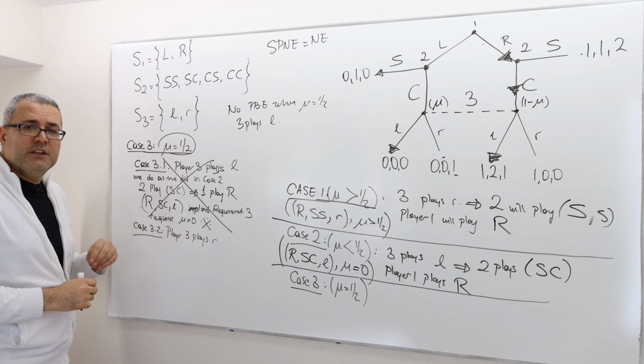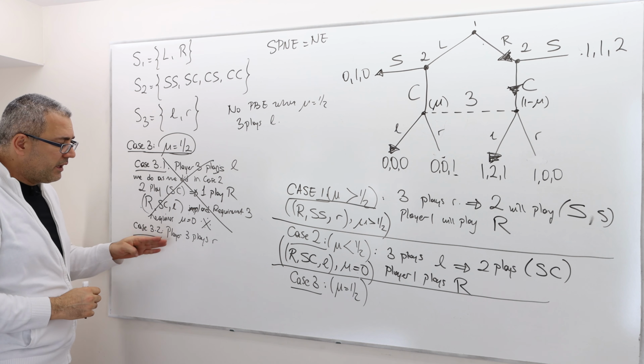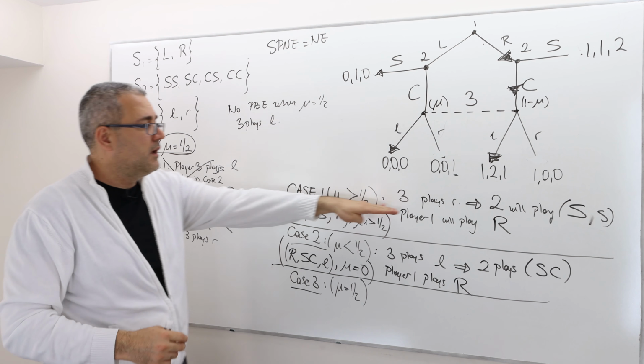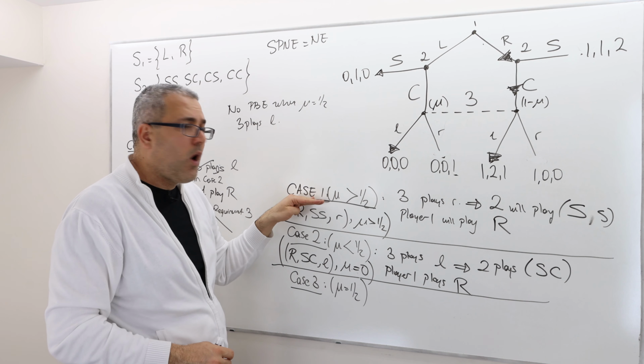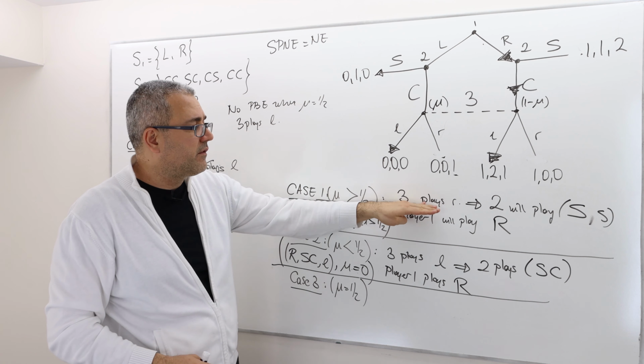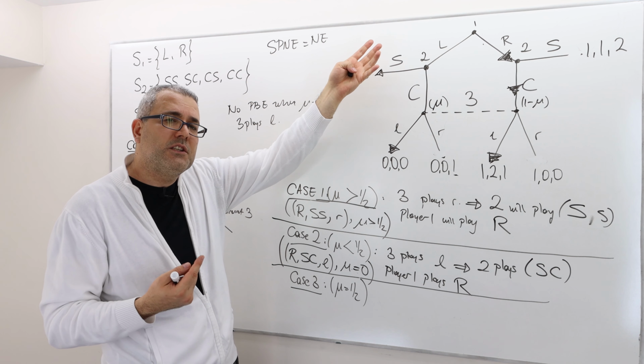What about case 3-2? Well, this time player 3 plays R. It's very similar to case 1. When player 3 plays R, what is the second player's best response?